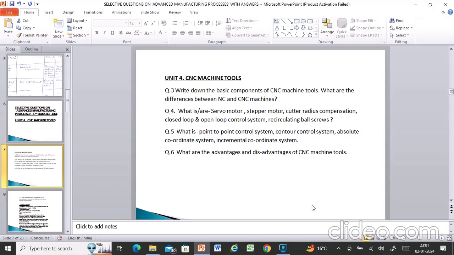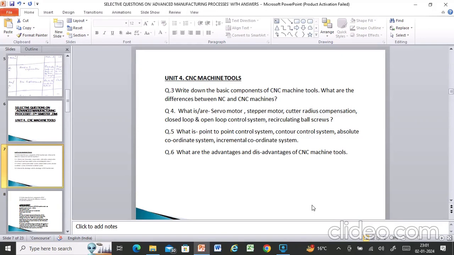Now this Unit 4 on CNC Machine Tools will have 4 questions: Question 3, Question 4, Question 5 and Question 6. We have already covered Question 1 and 2 in Unit 1 and 2.